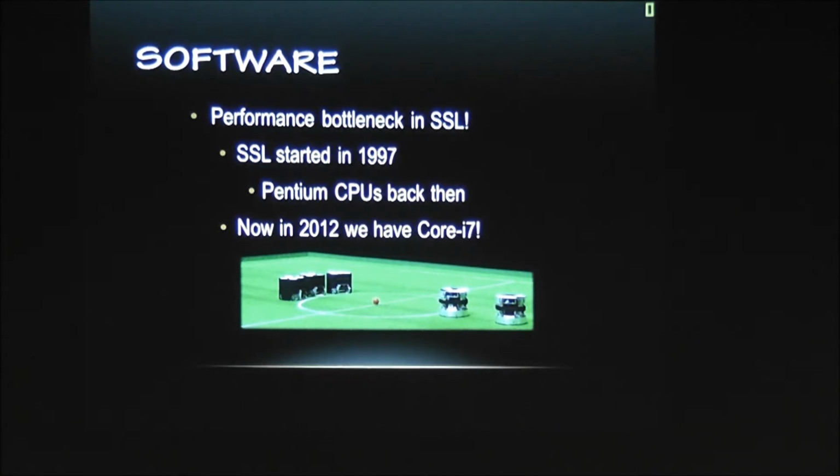And back then, I think the frequency that vision was working at was 30 Hz, and now it's 60 Hz. It's just double the frequency, but the CPUs we are using now are Core i7s that are thousands of times faster than the CPUs back then. But you can see that many teams are carrying heavy and very powerful PCs so they can run their AIs.